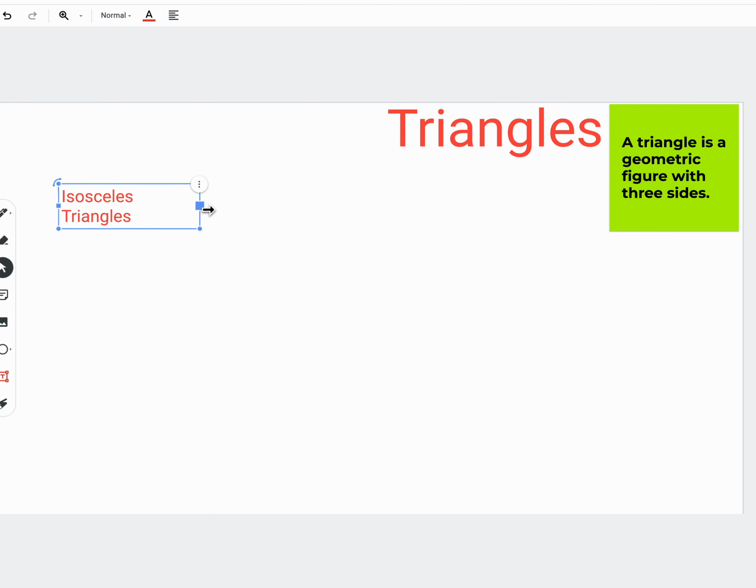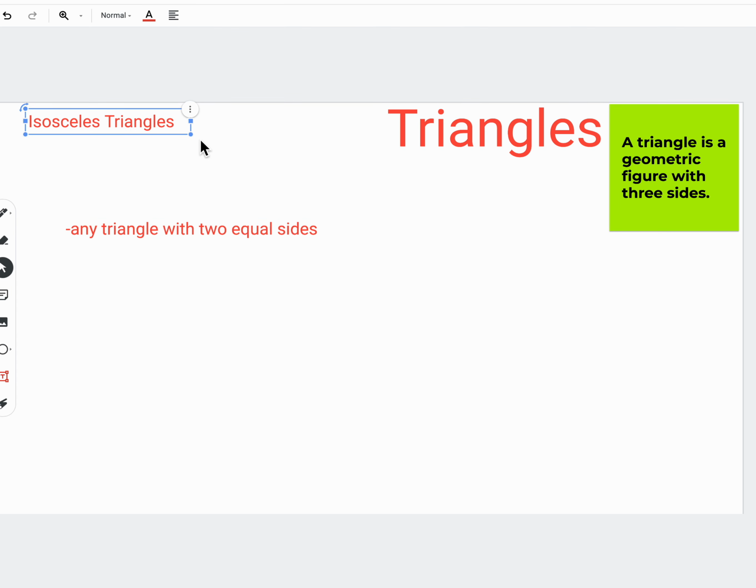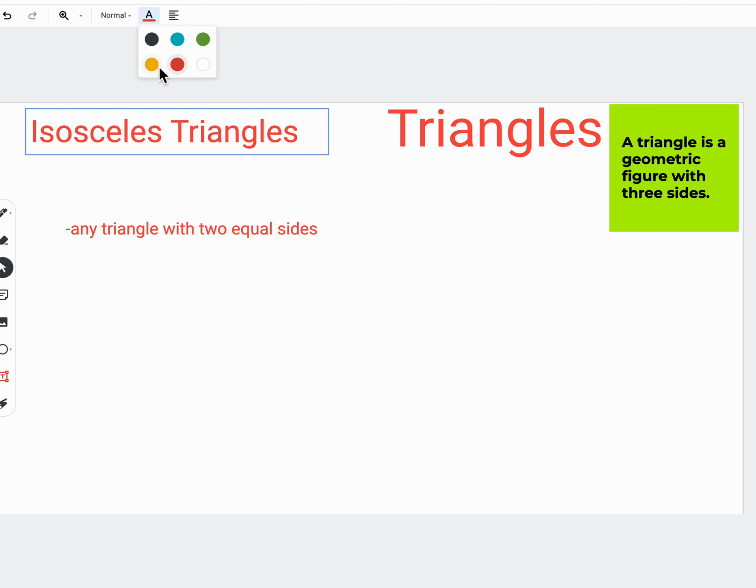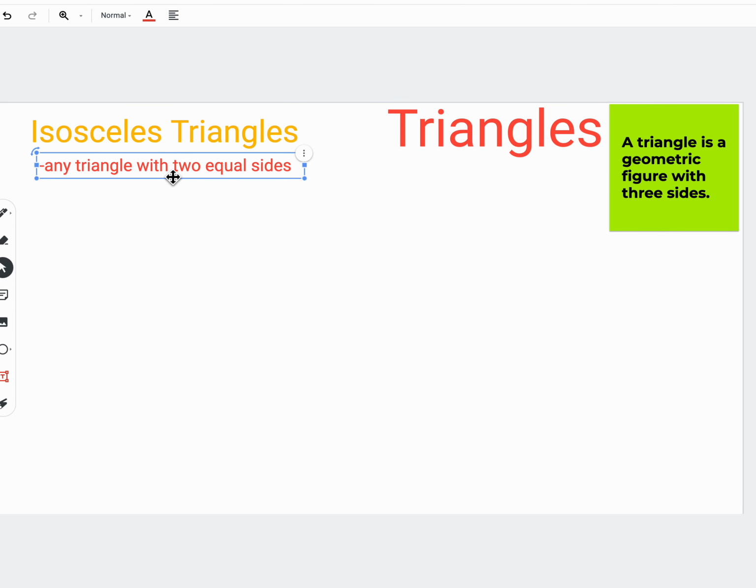An isosceles triangle is any triangle with two equal sides. What that rule shows us is that if two sides of the triangle are equal, then the angles opposite those sides will always be equal.